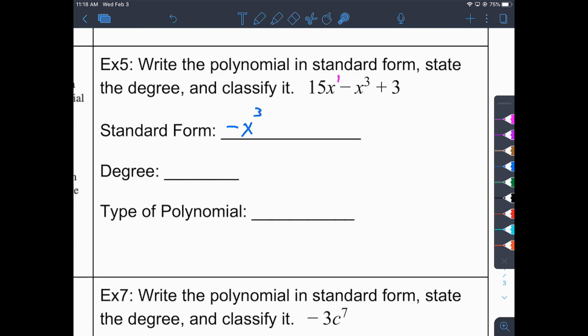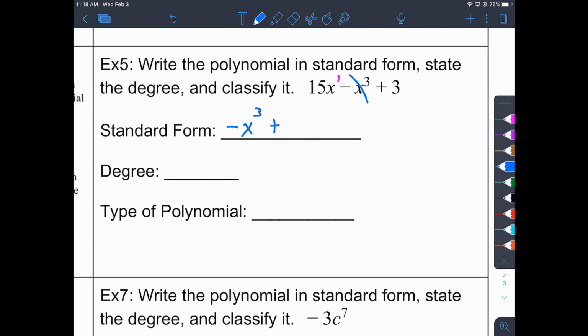Now, which one is the next highest power after that? Well, we have dealt with this one, so it's no longer an option. The next highest power, well, the 3 we know is a constant, which means its degree is considered to be a 0. So that means that this 15x to the first power, this would be a degree 1, is written next.